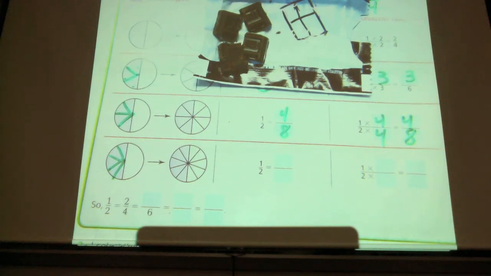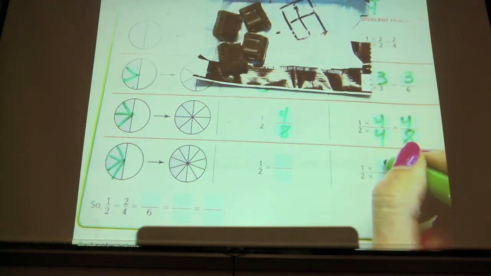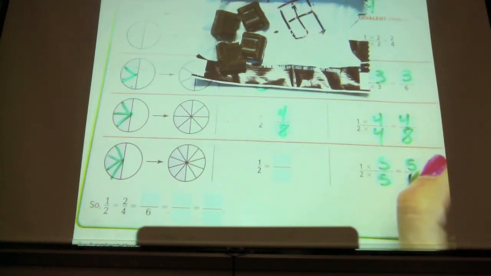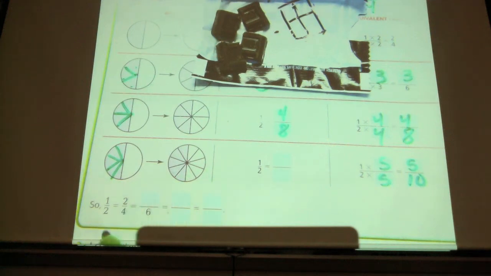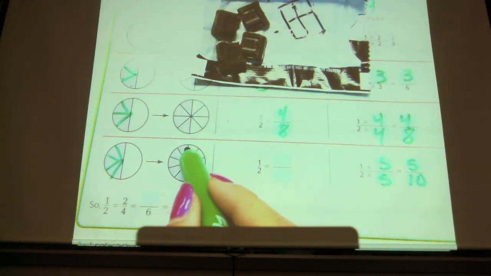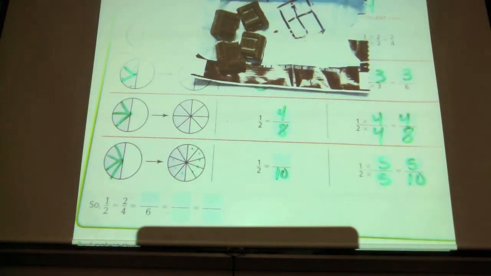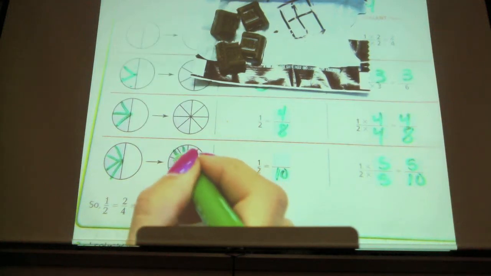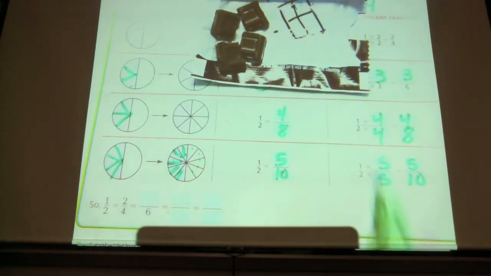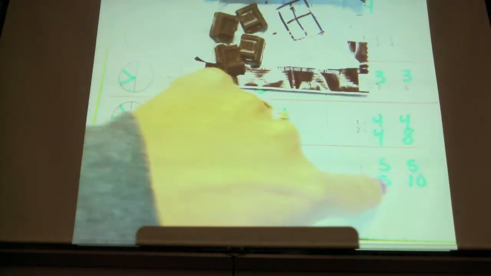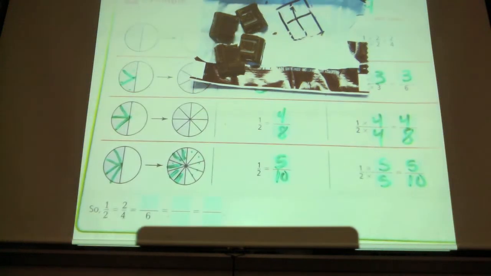To find the equivalent fraction to 1/2, now that I've divided into 5 parts, what am I going to multiply by? 5. 1 times 5 is? 5. And 2 times 5 is? 10. Tenths. And I'm going to check it out. There's 1, 2, 3, 4, 5, 6, 7, 8, 9, 10. I went too fast, sorry. There's 10 total parts. How many are shaded? 1, 2, 3, 4, 5. Is that the same answer? Yeah. So I can use the model to help me find it, or I can just multiply it out to find it.